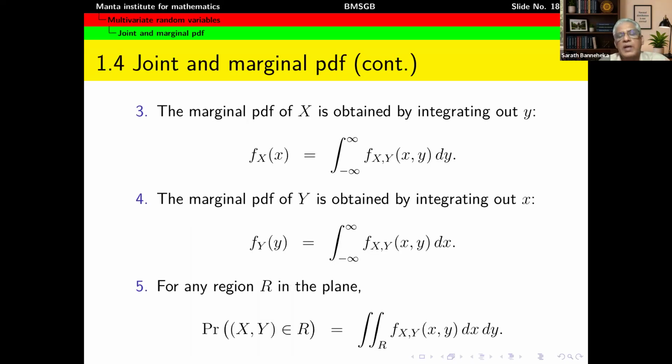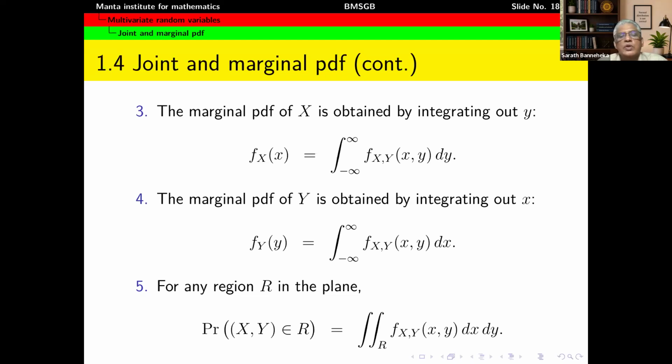And then marginal densities, that is just the density function of x and density function of y, can be obtained from the joint density, similar to what we did in order to get the marginal mass functions. We added the joint probabilities over y in order to get the mass function of x.